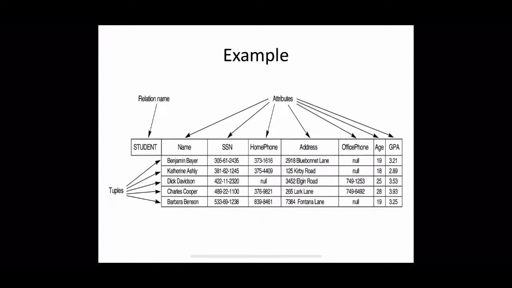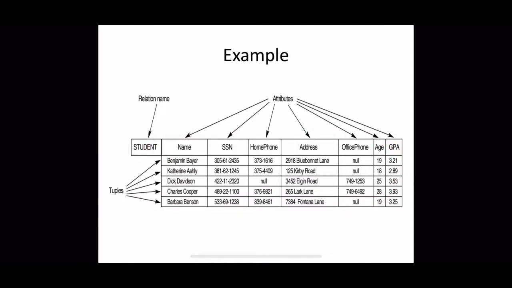In the previous example, that is the company database, we had discussed different entities, right? So we had an entity type called student. We will see how this student entity type can be represented in the relational model. Here it will be represented as a relation and the relation name is student, and the entire relation will be represented as a table of values.